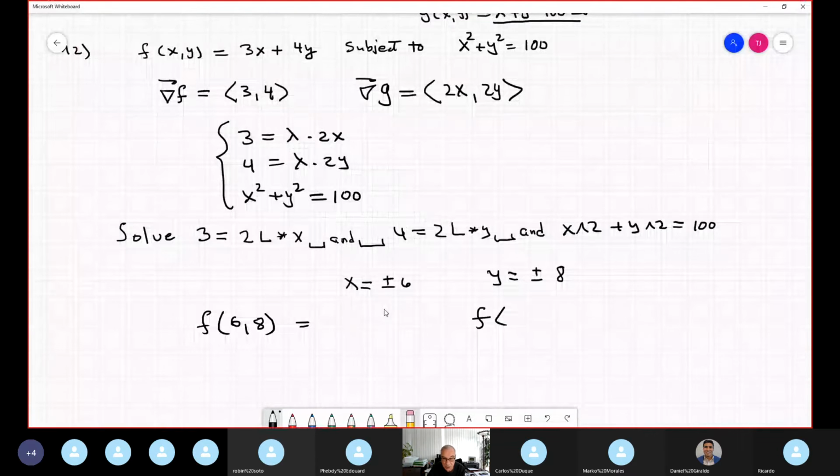And you evaluate at the negative solution, negative 6, negative 8. Yeah, I suppose this is 50, because it's 18 plus 32, right? 50. And likewise, with both negative it's negative 50. Okay, so this is the max, and this is the min.